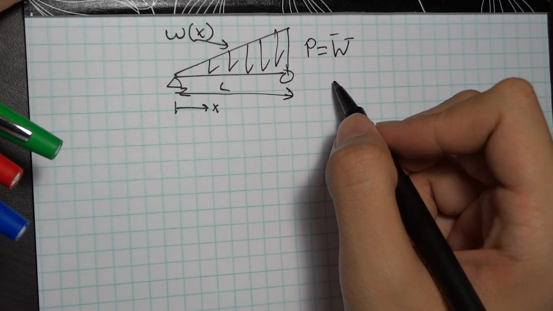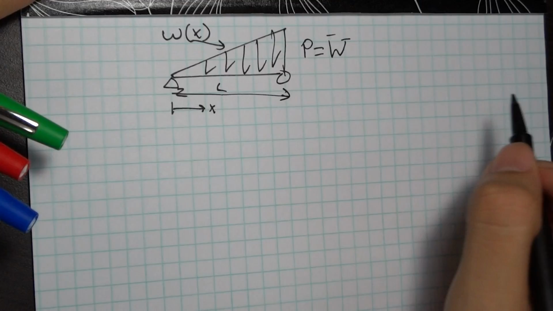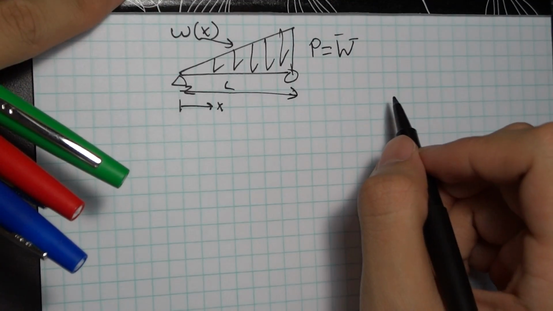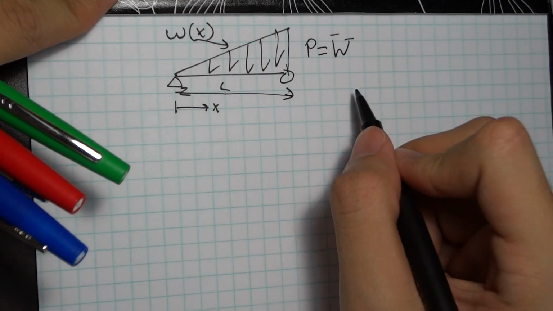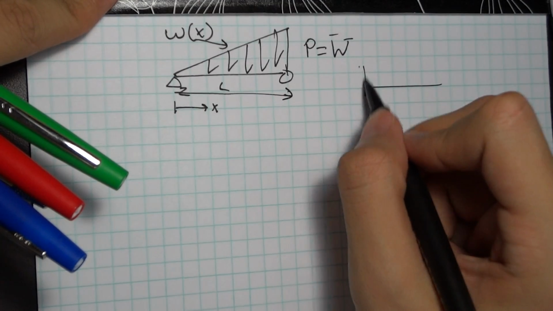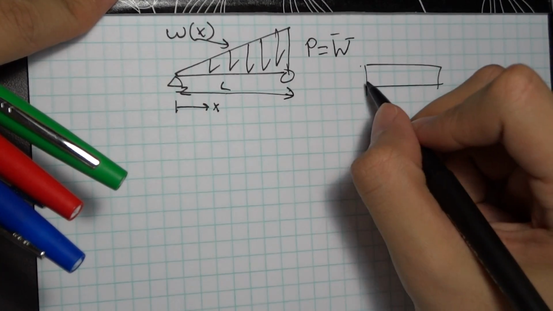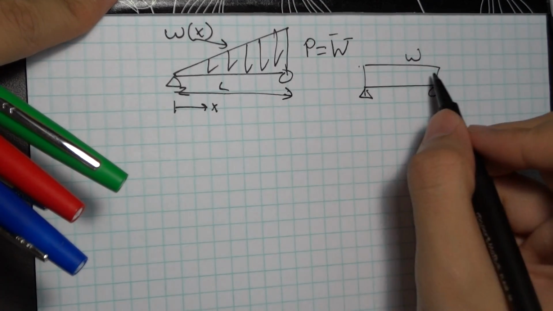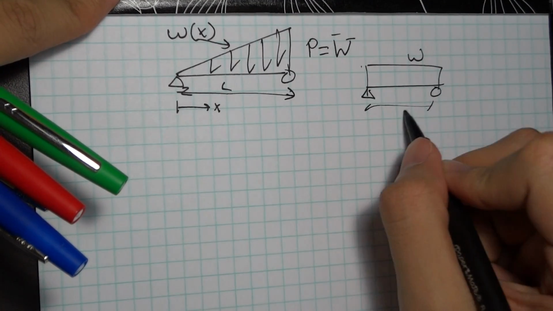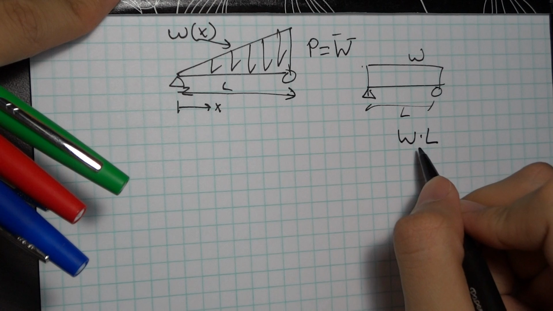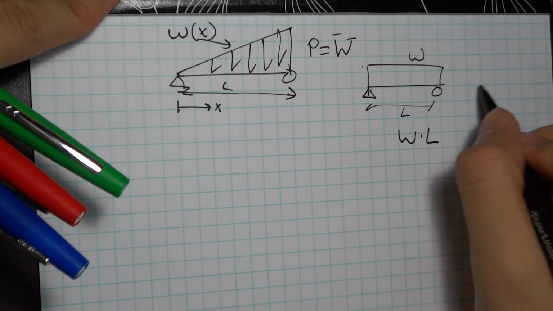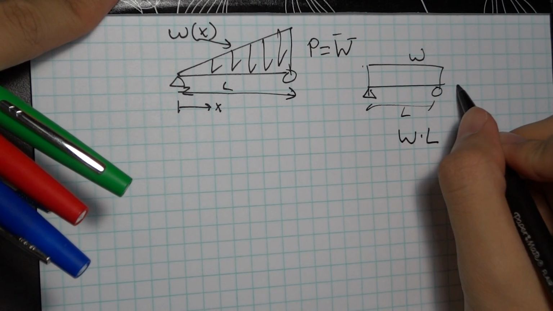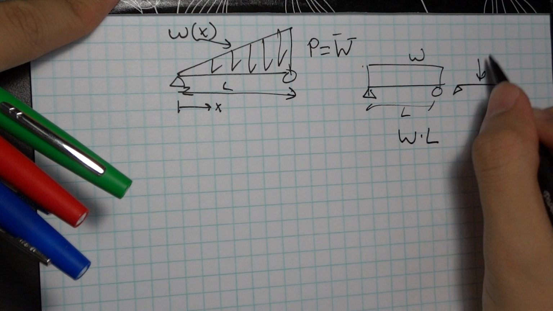When you're doing this, where do you begin? Remember that when you have a uniformly distributed load, for finding the reactions, you always start by finding the total load. And the total load is always omega times L. Then you put this total load in the middle.